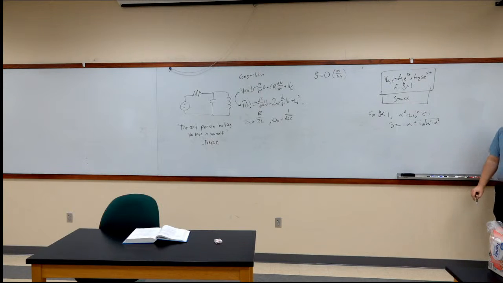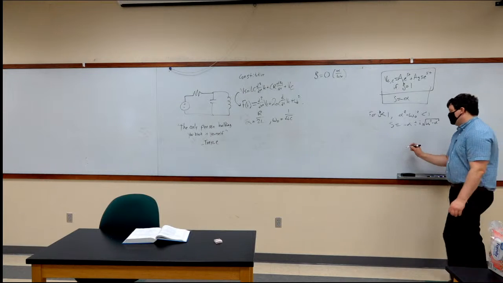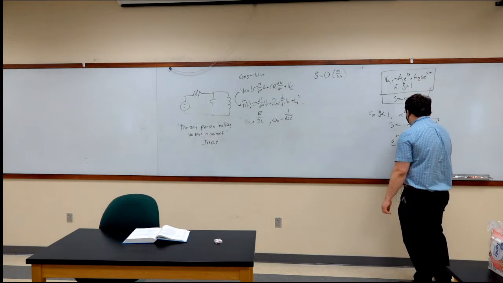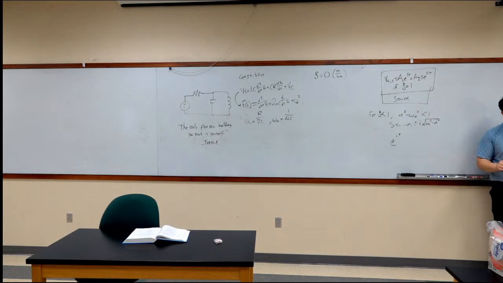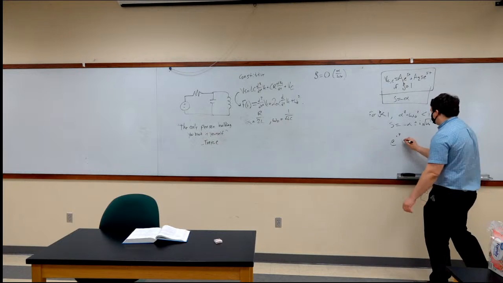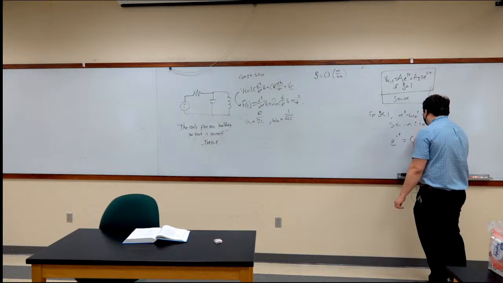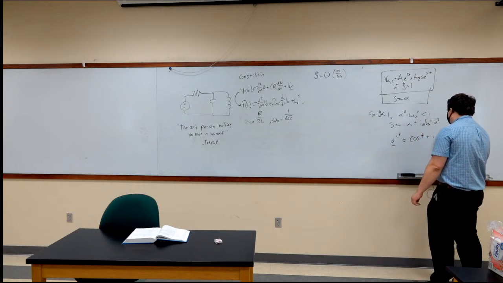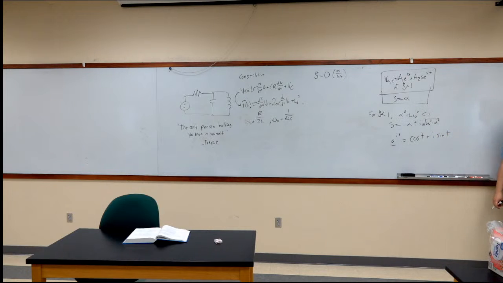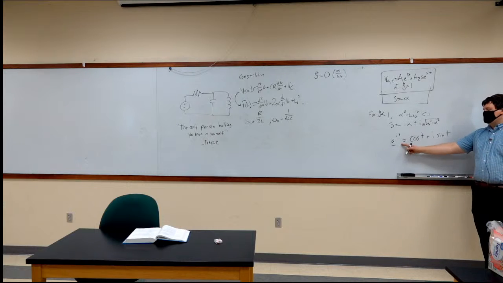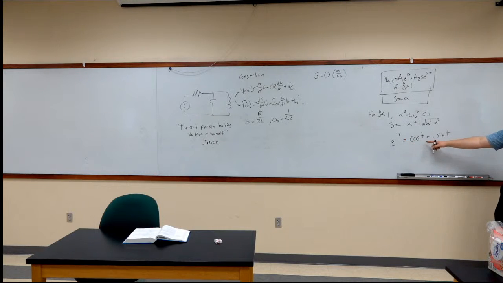If you get this situation, there's a principle called Euler's law. When you take e to the i omega t, this actually produces a cosine function. That's Euler's law. e to the i omega t is equal to cosine omega t plus i sine omega t.